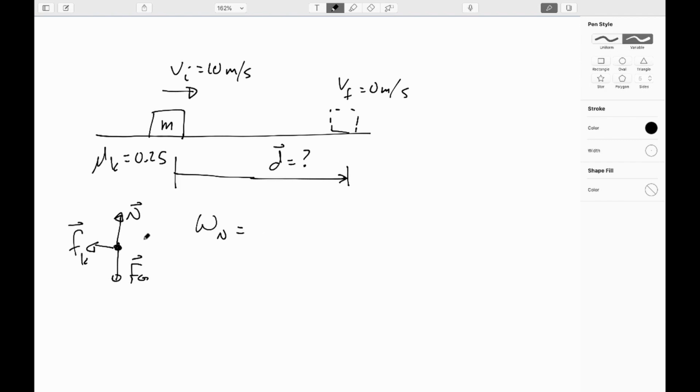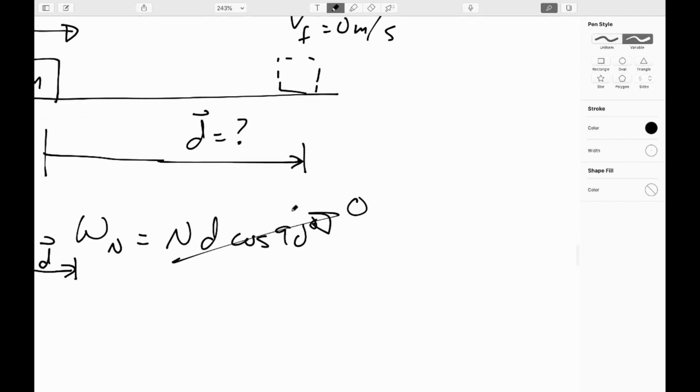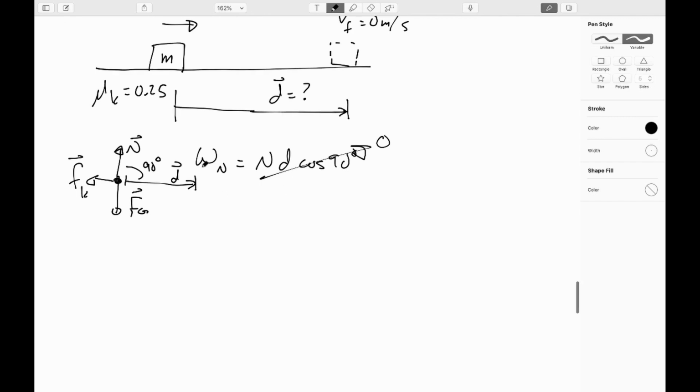That'll be, if I draw in the displacement here, there's my displacement. The angle between the normal force and the displacement is 90 degrees. So the work done by the normal force will be equal to the normal force times the displacement times the cosine of 90. And cosine 90 is 0. So the work done by the normal force is 0 here.